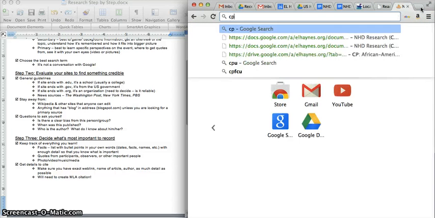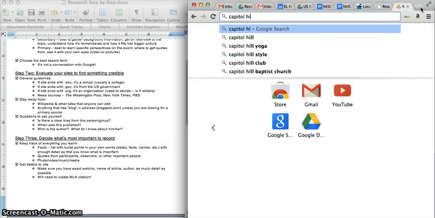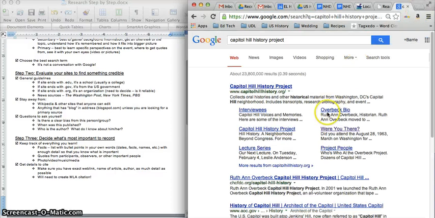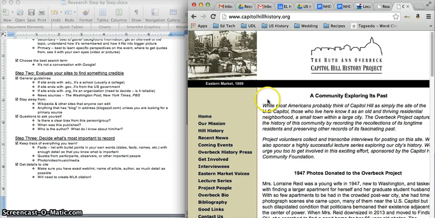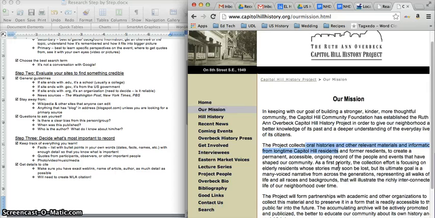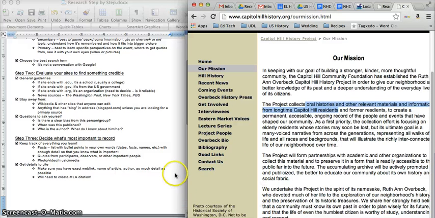So what I might do is actually Google that, Capitol Hill History Project, and see, is this really a thing that exists? Oh, they have their own website. Their mission is to collect the history of people. They collect oral histories from Capitol Hill residents. Okay, so I'm feeling like this is a pretty good site because this organization is all about that.